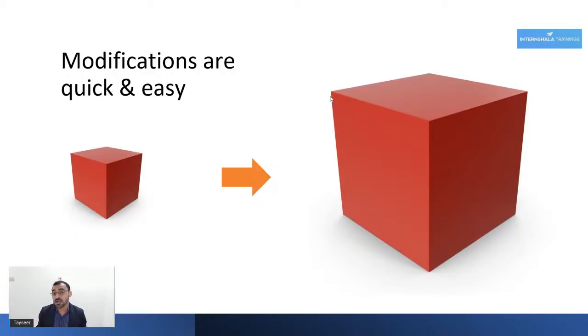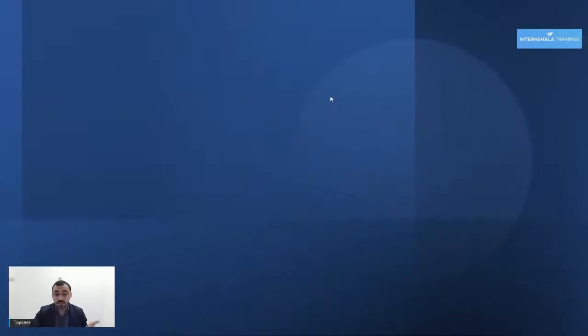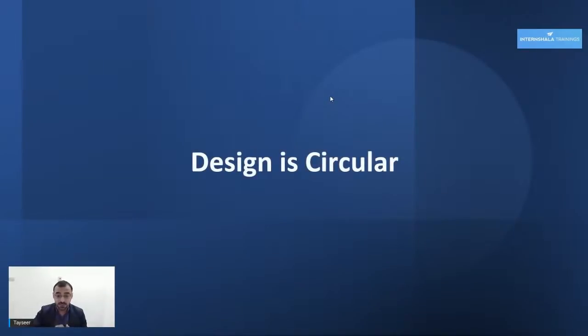Now, one person might come and ask, well, why can't you just make up your mind? You said 1 millimeter cube, why do you change? And if you're asking this question, then you might be missing a very important principle of design, and that is design is very circular.